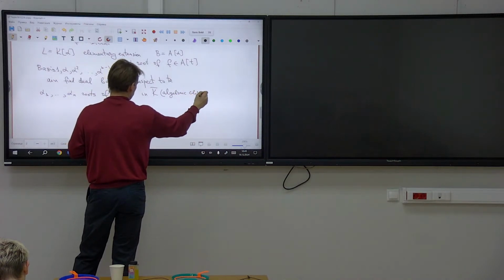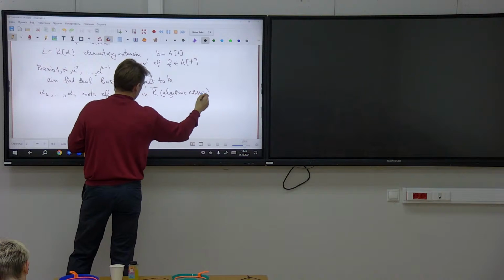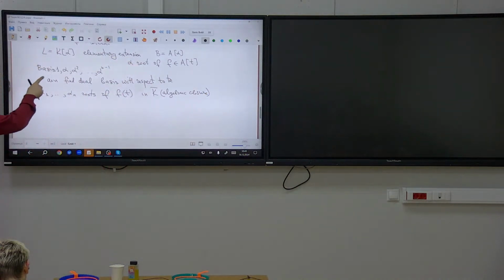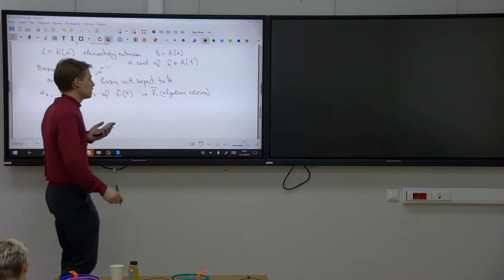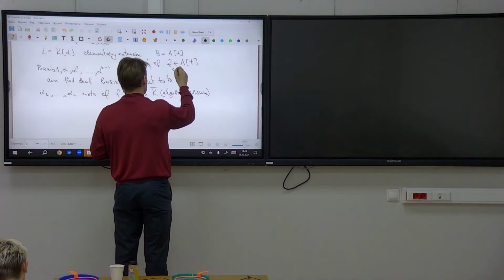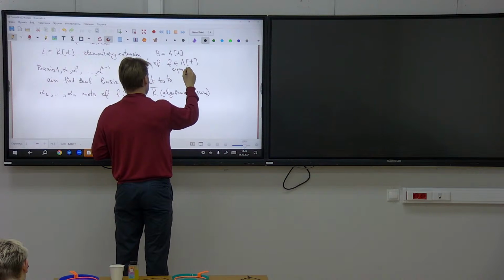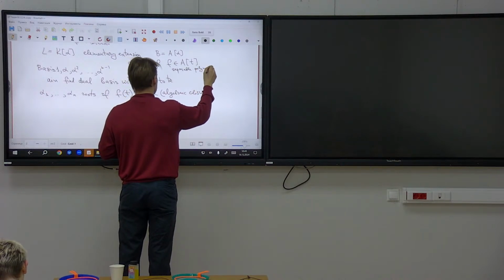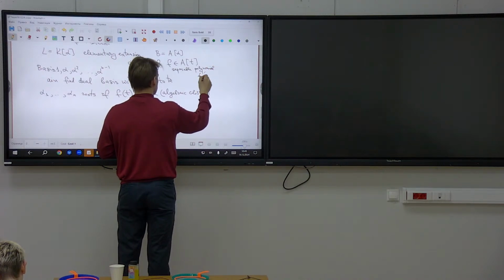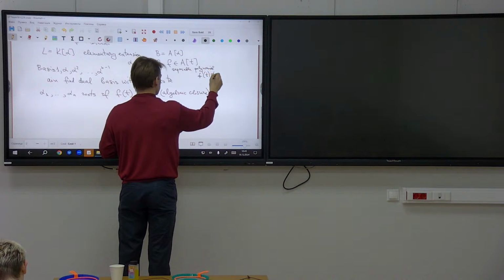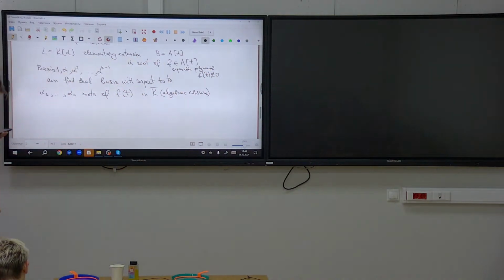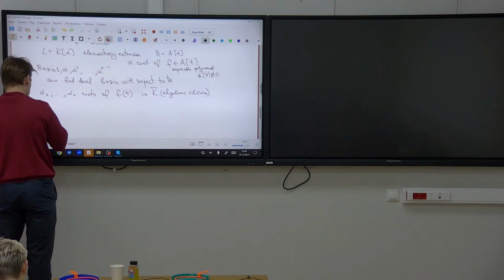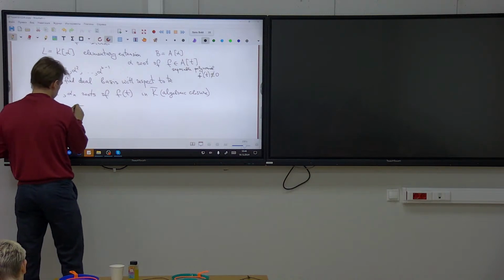So you consider all possible roots of your field. Suppose also that f is a separable polynomial. I have forgotten to say this. That means that the derivative of this polynomial is not identically 0. And then I claim that there is the following formula.